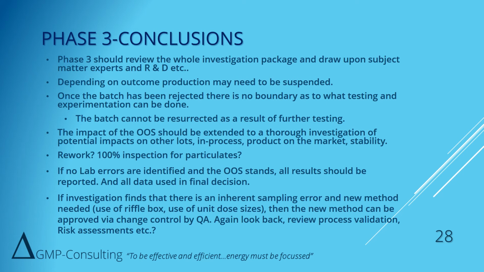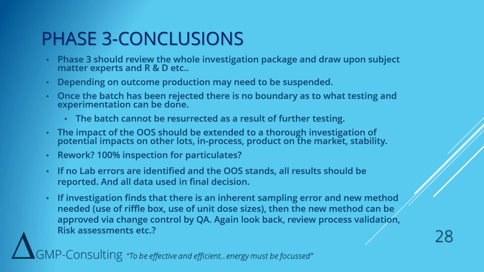The impact of the OOS should be extended to a thorough investigation of other lots that have gone before it, that are in process, that are in the market, or may have been sent to contract packers, contract manufacturers, and so on. Then, depending on your procedures and the type of products you make, you may be considering rework procedures. For example, in the case of tablets where there have been spraying issues with the coating, you might be able to salvage some of the batch by segregation and resampling.